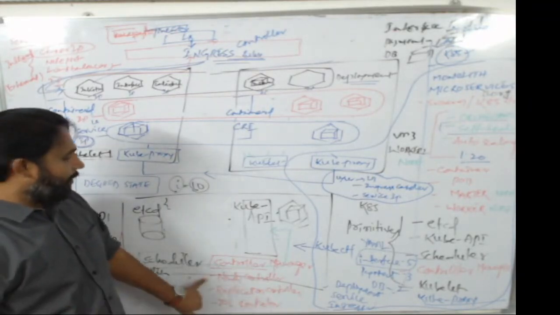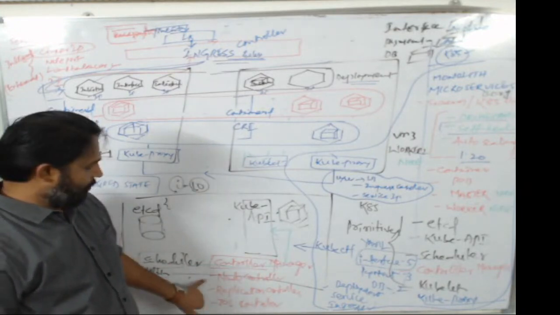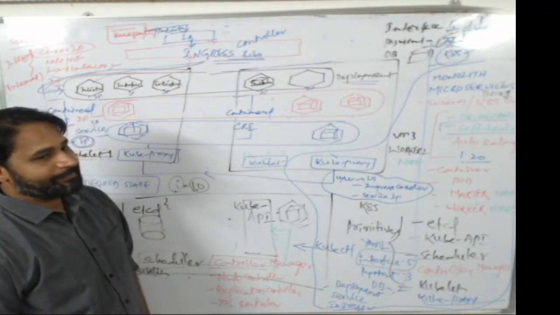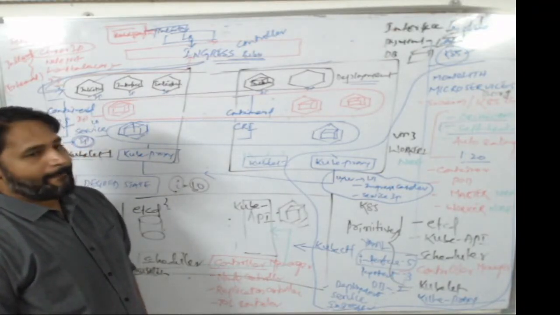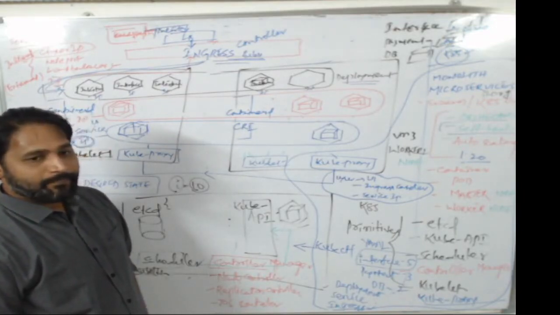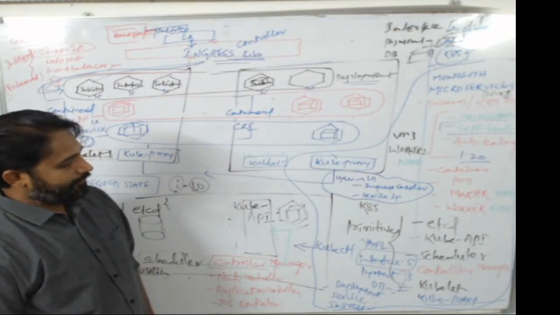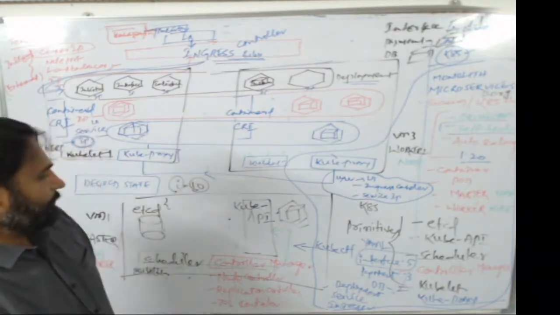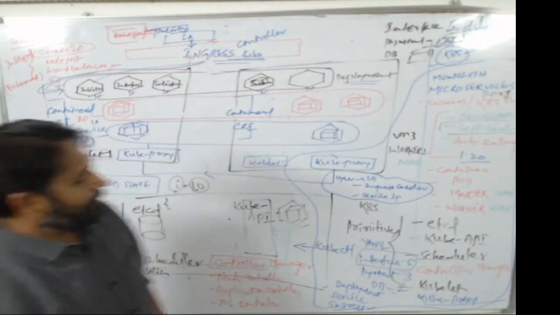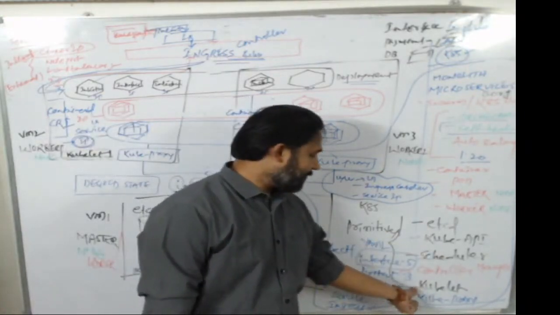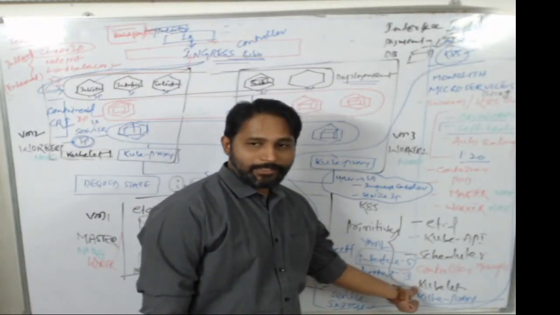We've listed 3 controllers here: node controller, replication controller, job controller. Now these 4 are on the master. The next 2 primitives are on master as well as worker.